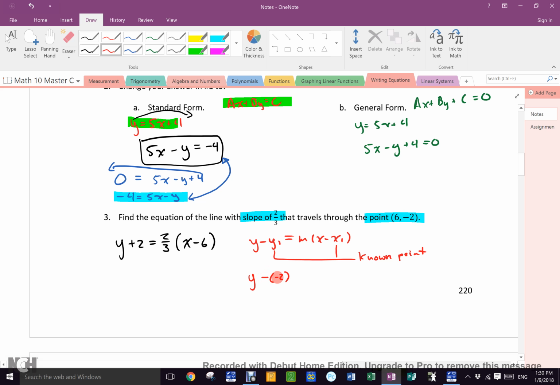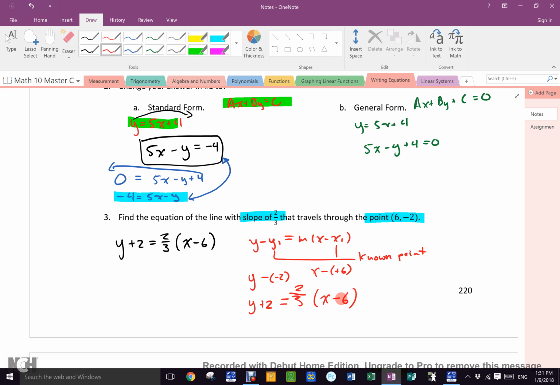So it's y minus minus 2, which is technically y plus 2. And then equals my slope, 2/3, because that's right there. And then it's x minus the x known point. X minus, it's technically x minus positive 6, right? And minus positive 6 is minus 6. Is everybody good? Okay, that's why that works.